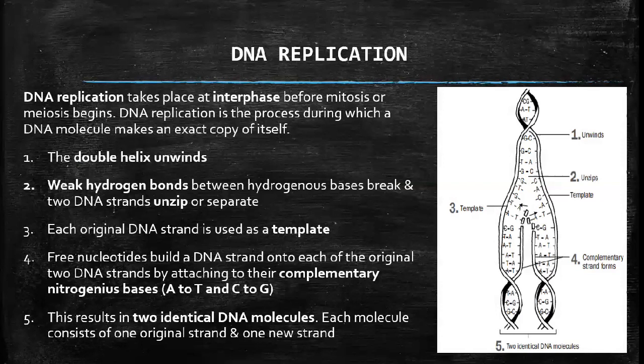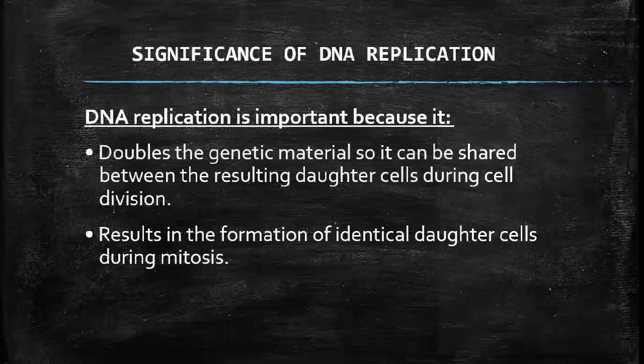And two identical DNA molecules are formed. Okay, and then each new DNA molecule consists of the original template strand of the double helix and the new one from the free nucleotides in the cell.